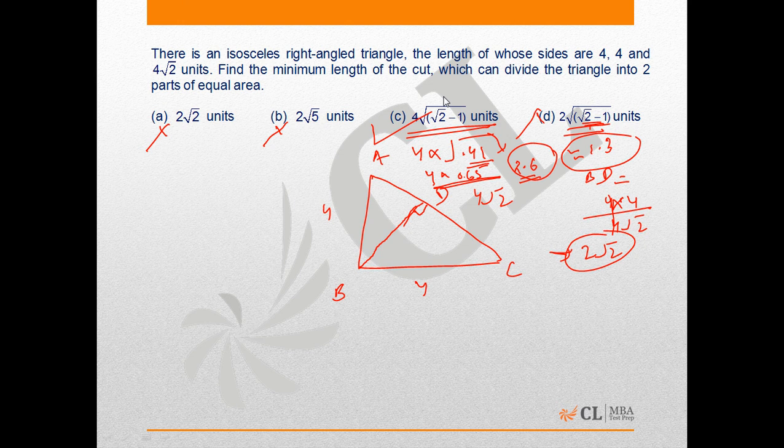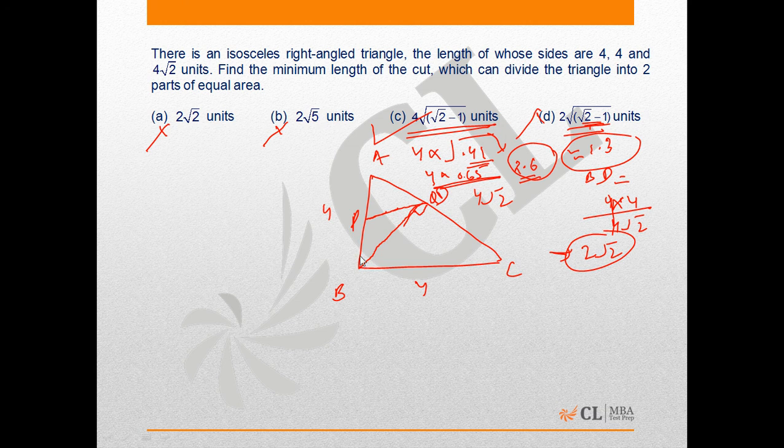This is the way we can solve this problem in an exam without doing the normal stuff. But if we go by concept, then let's draw the line PQ.